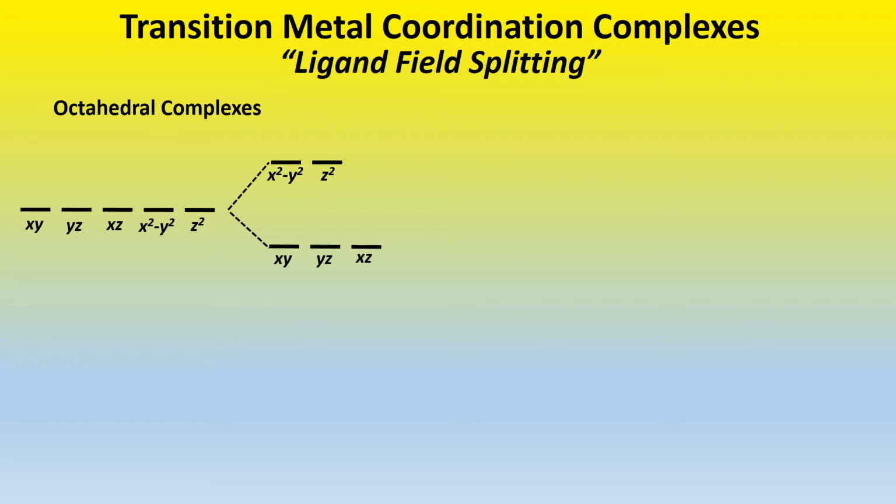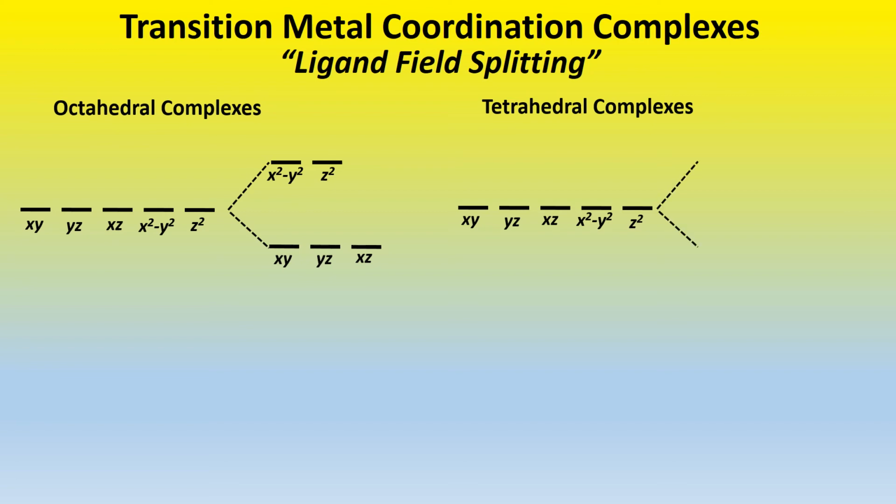Similarly, if one takes a tetrahedral complex, for similar reasons, you start with your 5 orbitals, xy, yz, xz, x squared minus y squared, z squared. They will also split. However, the geometry in this situation winds up being reversed.